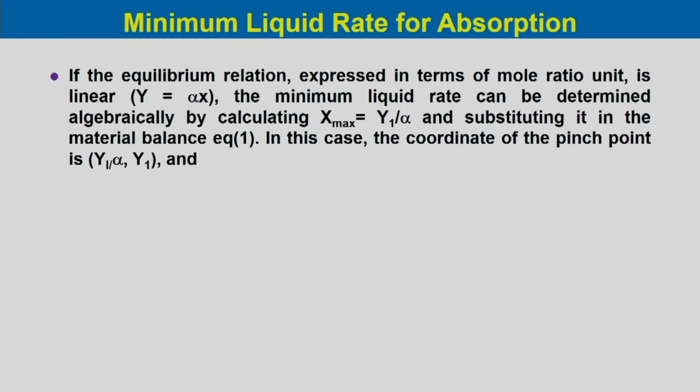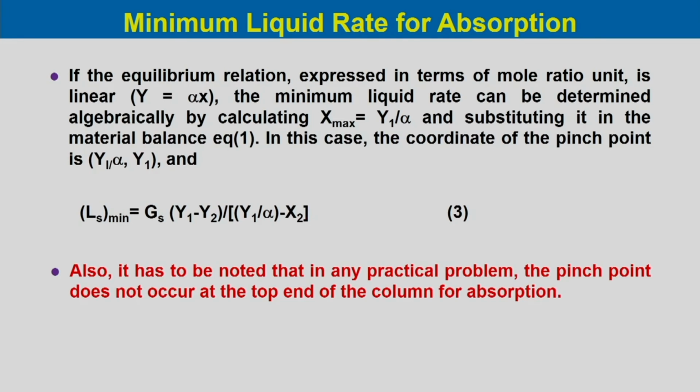In this case, the coordinate of the pinch point would be capital Y1 by alpha, Y1, and this Ls min would be Gs into capital Y1 minus Y2 divided by Y1 by alpha minus X2.